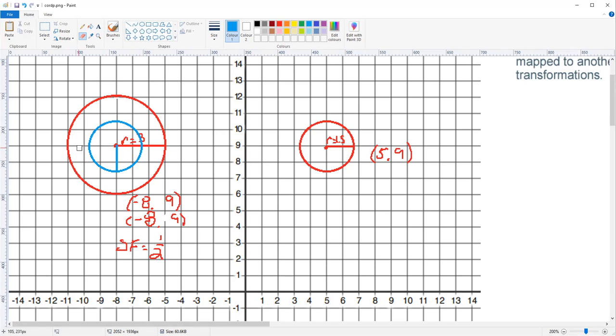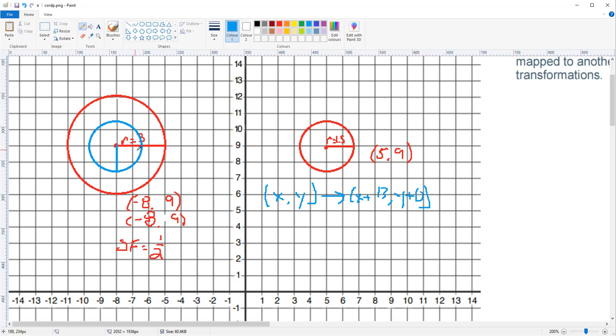So it's going to move 13 over. My translation would be (x, y) goes to (x plus 13, y plus 0), and that would move it over.